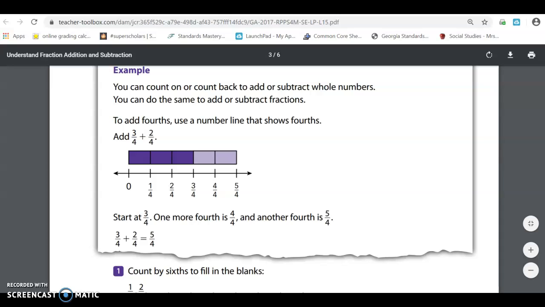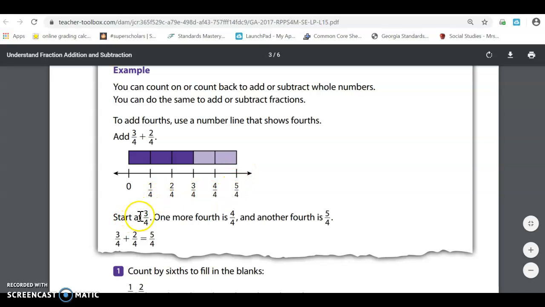All right, so it says to add fourths, use a number line that shows fourths. Add 3/4 plus 2/4. Let's look at our number line again, class. We have 1/4, 2/4, 3/4, 4/4, and 5/4, because we're going past one whole. This represents one whole, and now we're going a little bit further, so it's going to be a little bit larger than one whole.